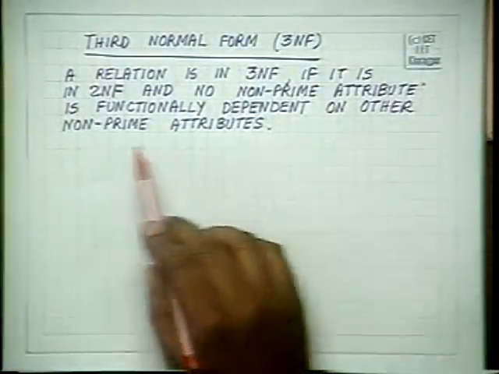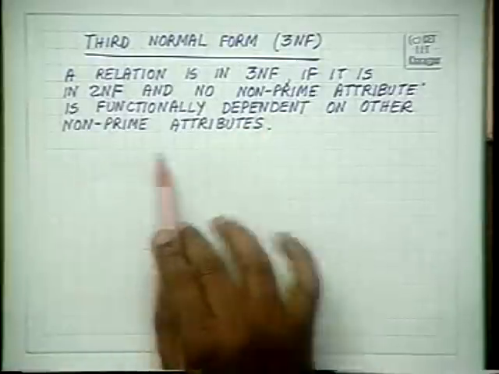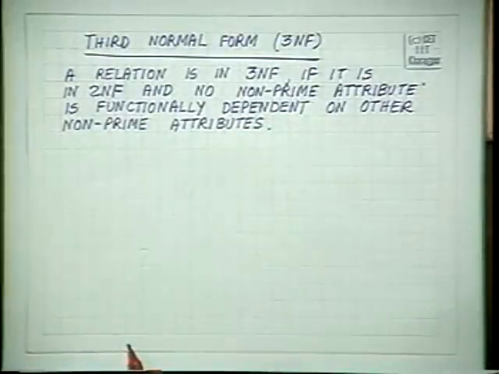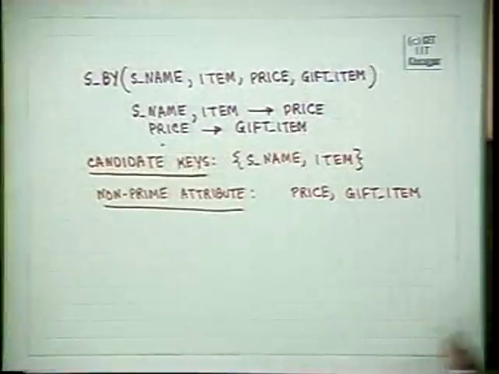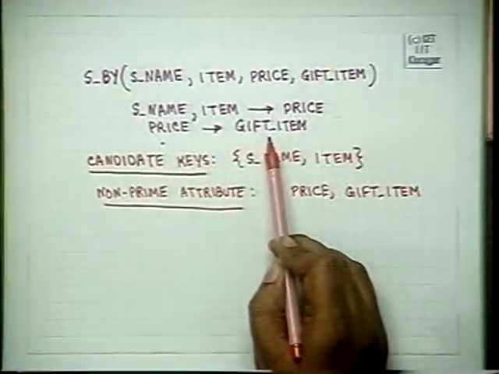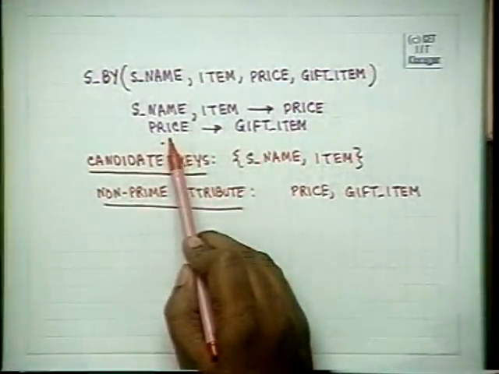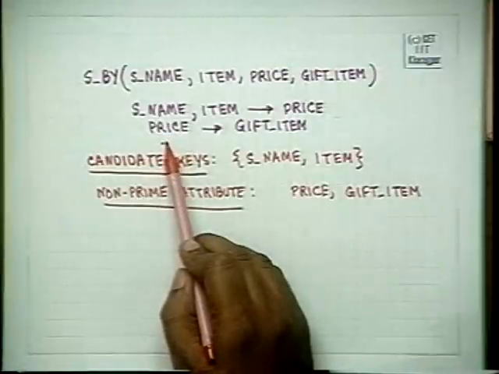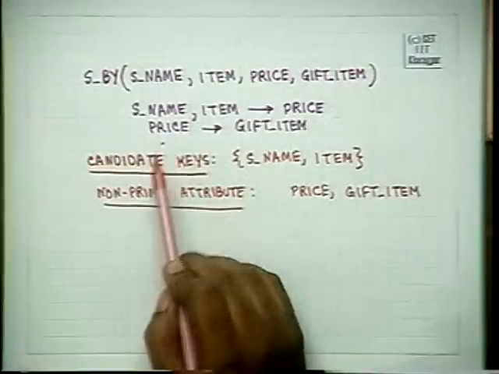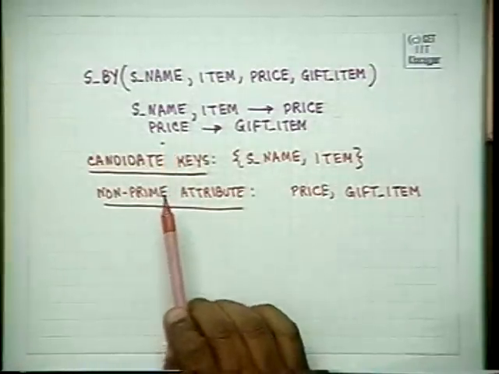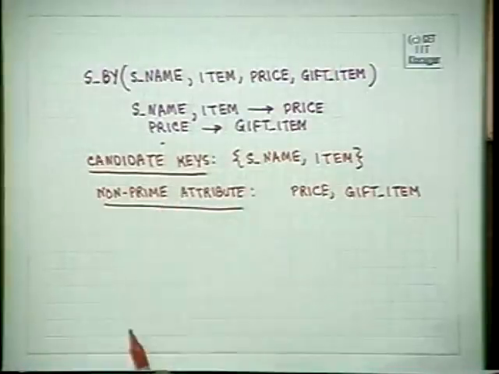No non-prime attribute is functionally dependent on other non-prime attributes. This makes it possible for us to prevent this sort of a thing. Here this non-prime attribute is functionally dependent on this non-prime attribute, bringing in the redundancy. And therefore, though it is in 2NF, it is not in the third normal form.